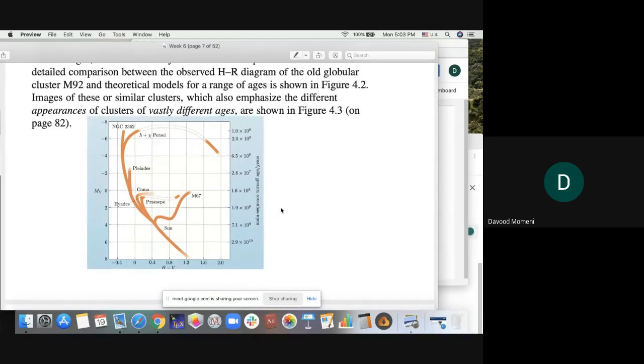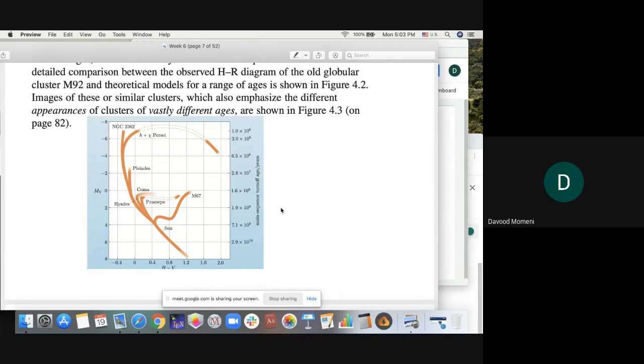This is the Hertzsprung-Russell diagram, but this is actually the real Hertzsprung-Russell diagram, in which we use the absolute magnitude M instead of the luminosity, and the horizontal axis is also B-V.